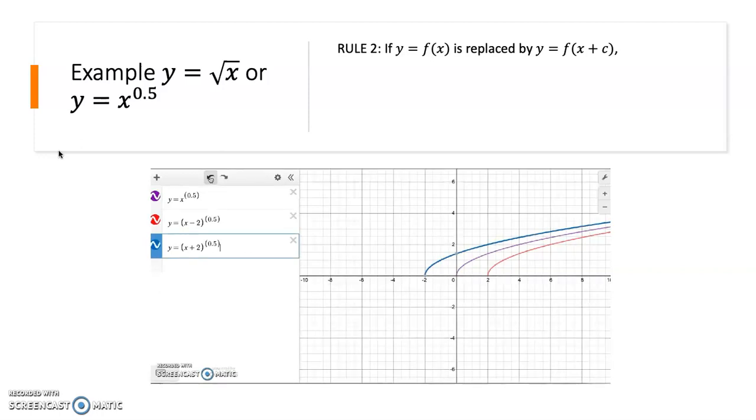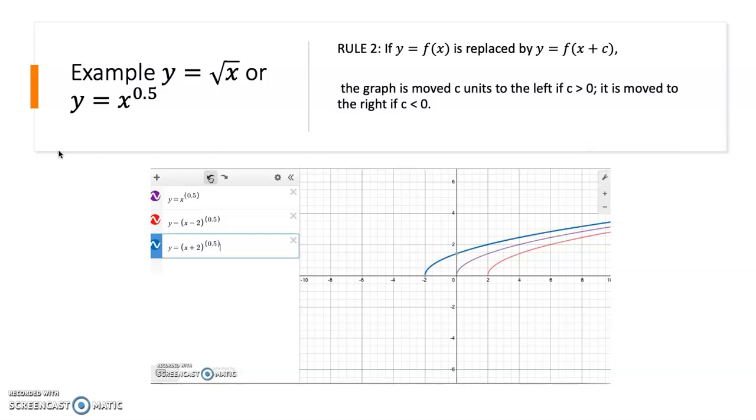You see here the blue line and the red line compared with the purple line. So the effect is that the graph is moved c units to the left if c is greater than 0, as shown in the blue line compared with the purple line, and it is moved to the right if c is smaller than 0, as shown by the red line compared to the purple line.